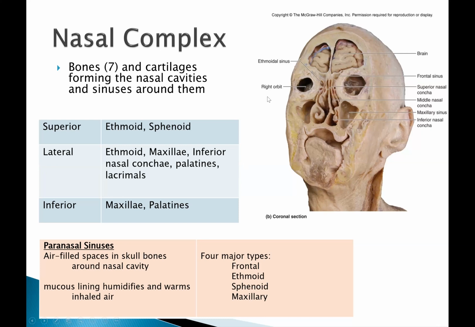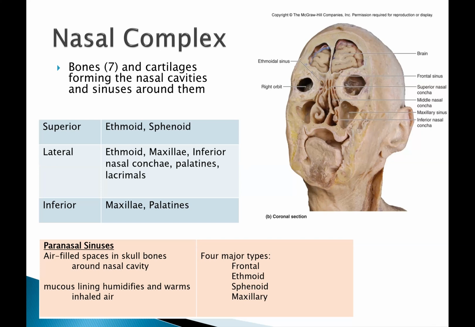Don't worry too much about this slide. This is known as your nasal complex. If you were to slice your face in half, you'll see this network right here. Your nasal passageway is not just one or two bones. Yes, you do have nasal bones, but the nasal passageway is actually very complex.